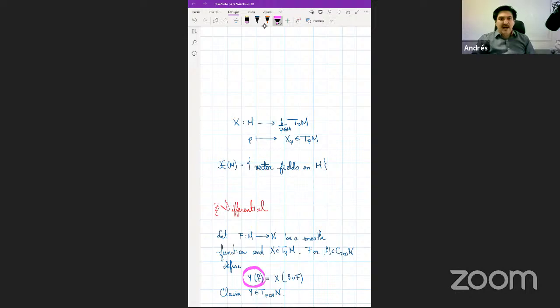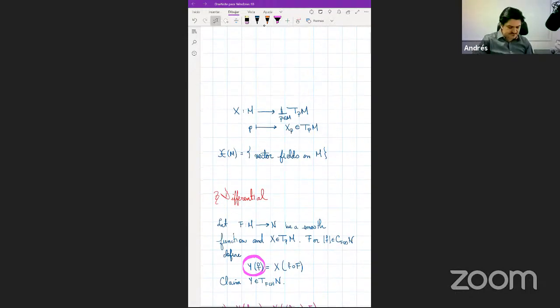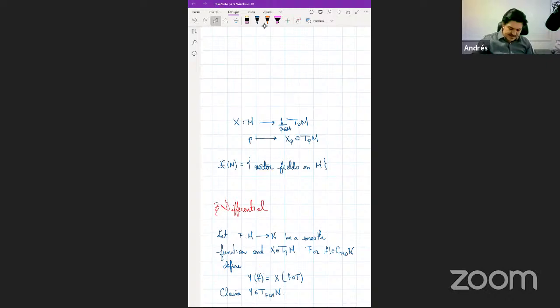So I'm going to define this function. Here, note that f is a function on N, not on M. So to every function on M, I'm going to define this, right?